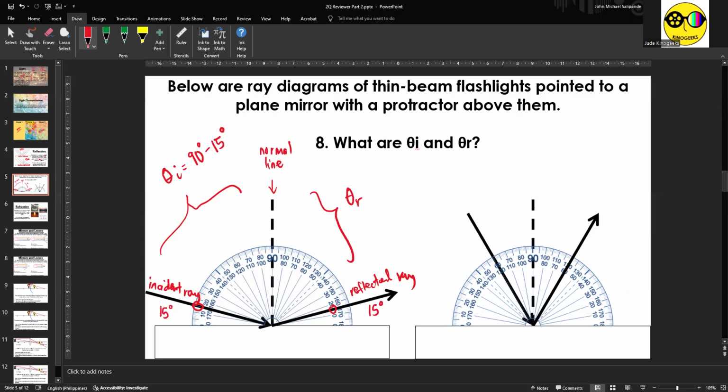So 90 degrees minus 15 degrees gives you 75 degrees. That's theta I. And because we expect the light to bounce, theta R will automatically be 75 degrees as well. You have even reflection because you have an even surface. Therefore, this diagram follows the law of reflection.